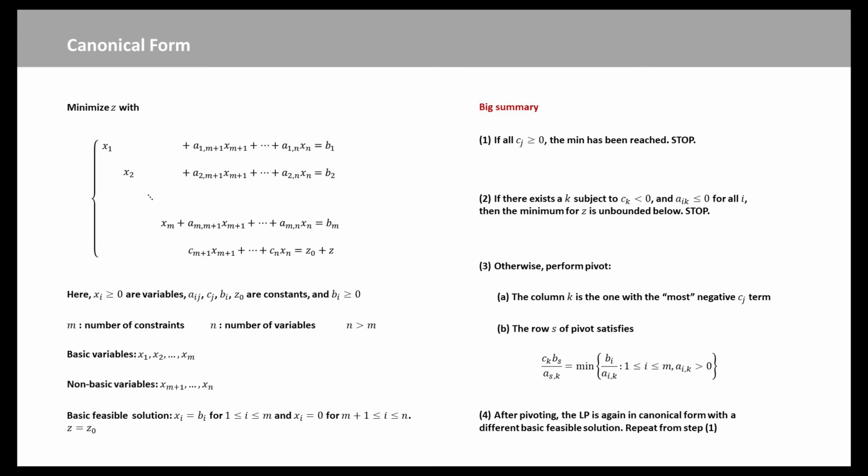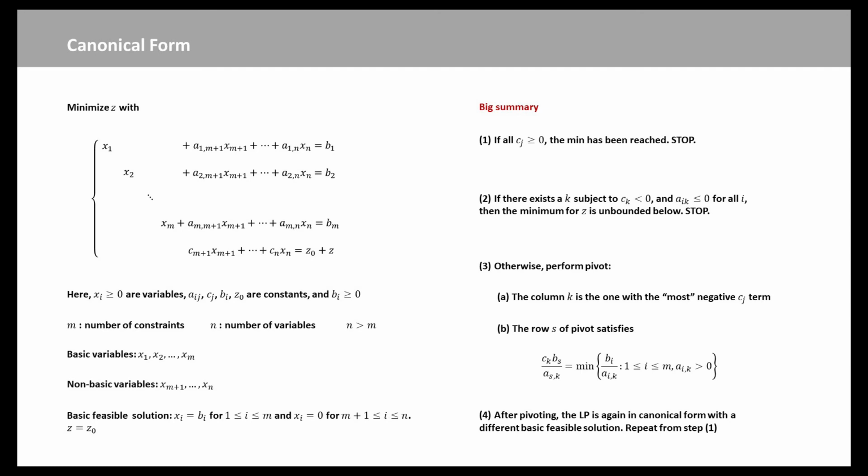Then we check if there exists a k such that ck is less than 0. In that column, you look at the coefficients aik's. If they are all less than or equal to 0, then the minimum value of z is unbounded below. It is negative infinity, and it follows from the theorem. You declare it unbounded, and then you stop the algorithm.